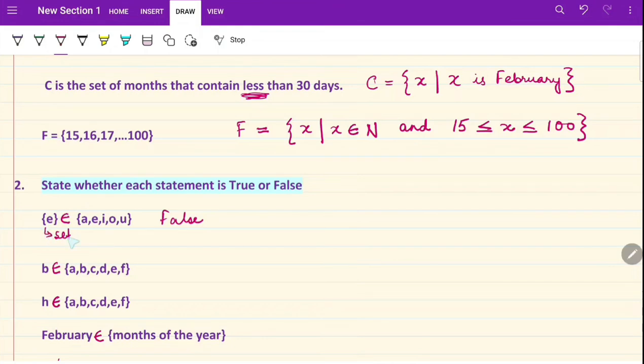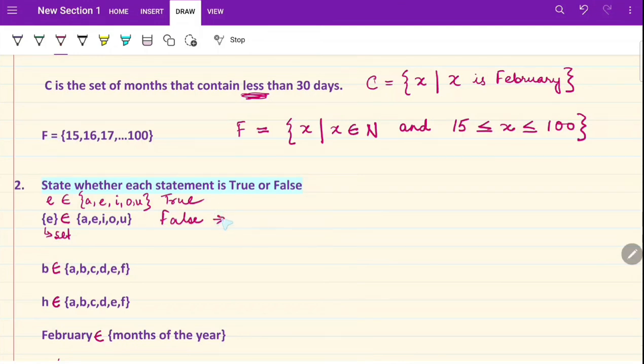If we have the E without the curly brackets, if it was written as E belongs to A, E, I, O, U, then this would have been a true statement. However, since E is surrounded by curly brackets, that means E is not just an element, it is a set. And on the other side, we have a set of elements. Therefore, it is false.